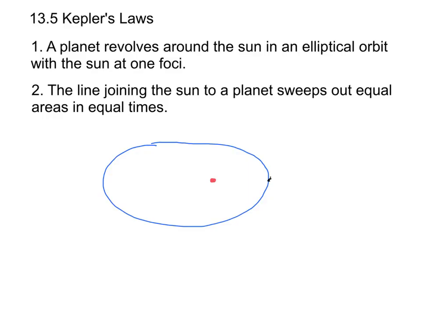So what this is saying is that in an equal amount of time, if I move the planet from here to here, this amount of area is being traced out during this time. If the planet's way over here on this other side, the equal amount of time has to give you equal areas. So it's going to be a little bit thinner over here because you're going further out. So that's all that this is saying, is that the amount it travels in equal time has to trace out equal areas.